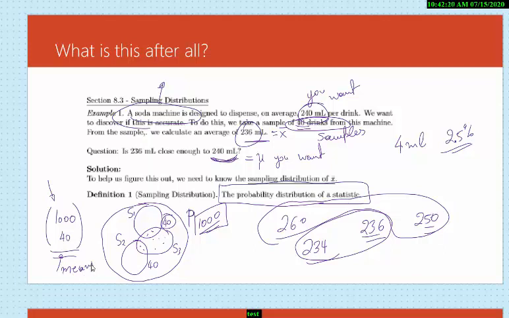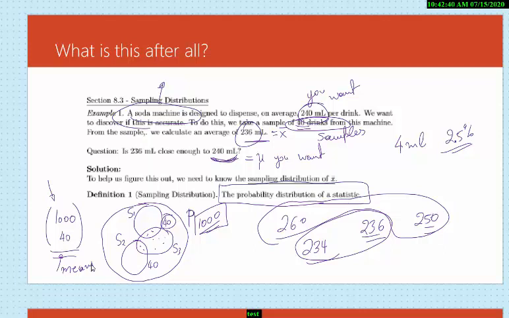Then what you get is nothing else than a set of averages, each one of which represents the average for a sample. What samples? All the possible samples of size 40 that you can get from this population.